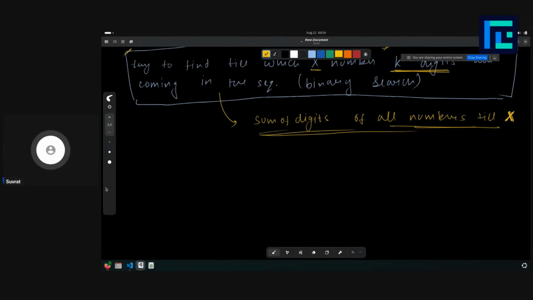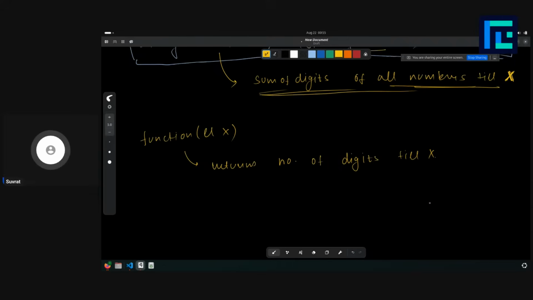If we want to apply binary search, we'll need to write a function which takes in the number x and returns the number of digits till x, right? If we manage to write this function, then we'll be able to solve the question.